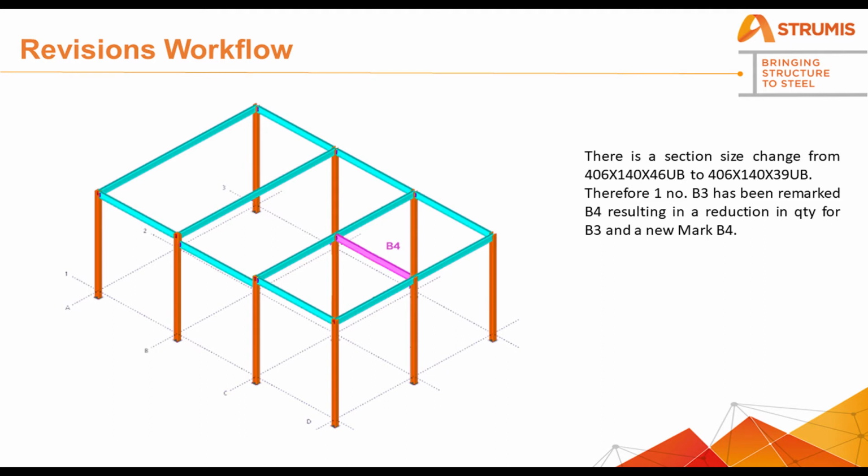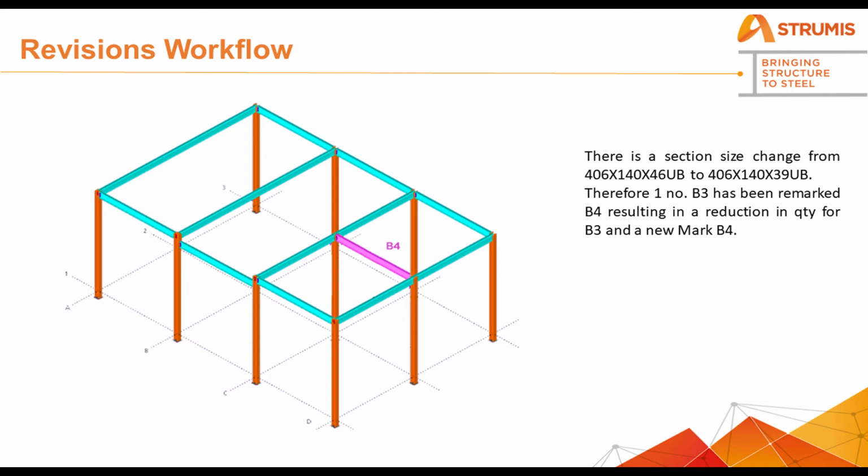So on our next import, on our third in this process, we're going to look at a section size change on mark B4. So that's going to be a 406 140 46 UB to a 406 140 39 UB. So within this process, what we're anticipating seeing is that B3 will be remarked to B4, resulting in a quantity reduction on the B3.